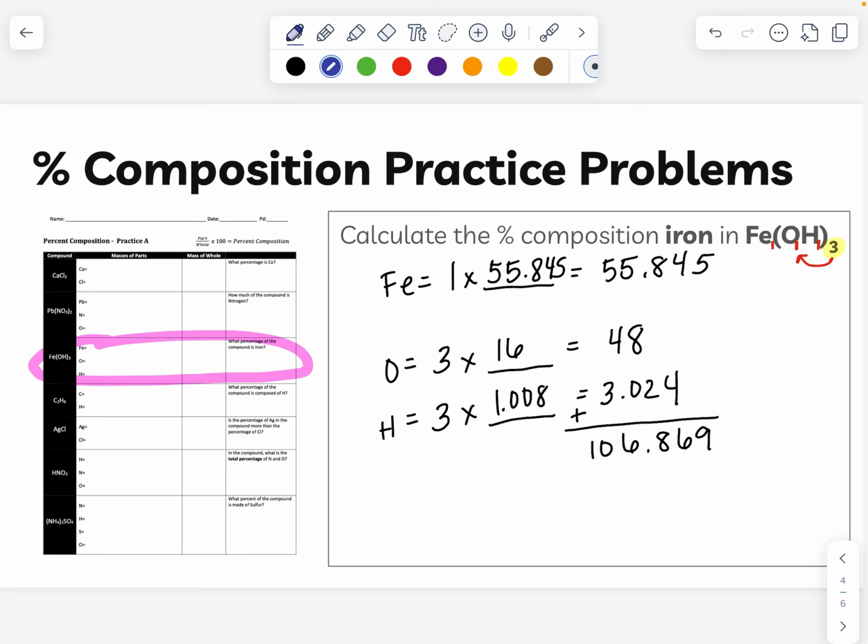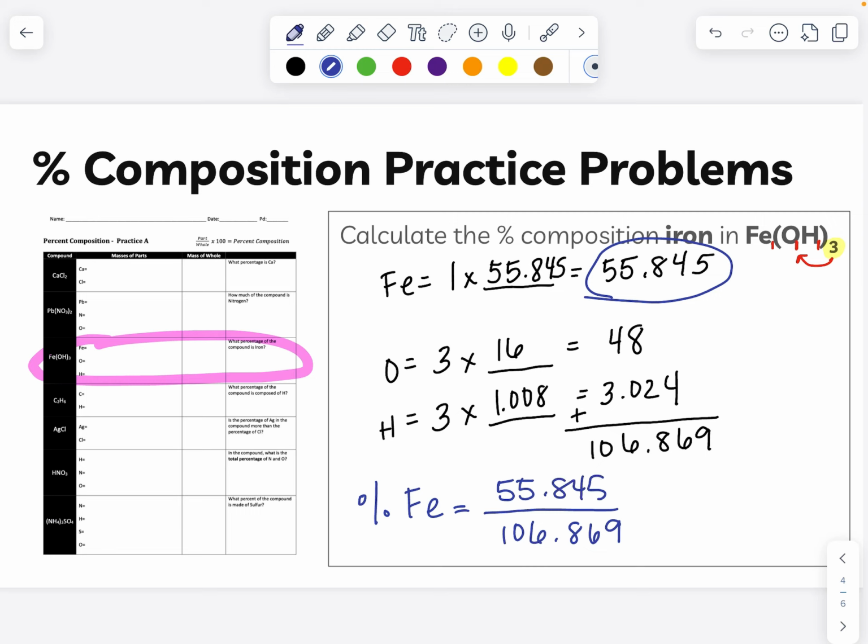If I want to find the percent composition, in this case it's asking for iron, right? I know my first step. I know that I have to divide by the total. So since I've already added all of that up, I'm going to write that down. And then my iron is 55.845.